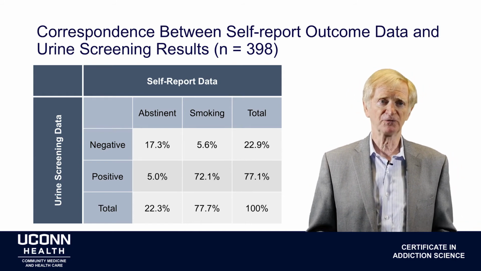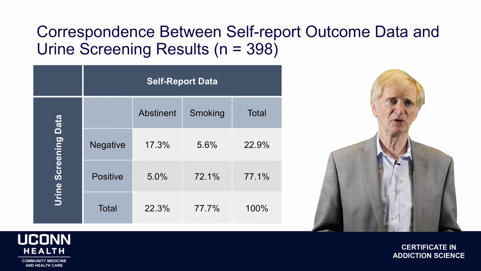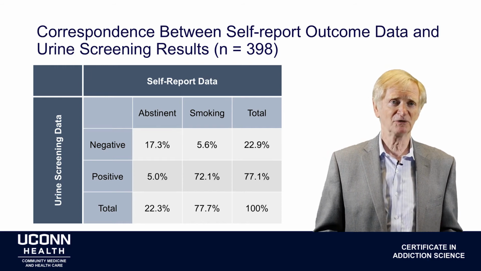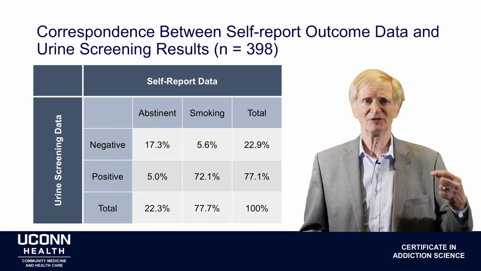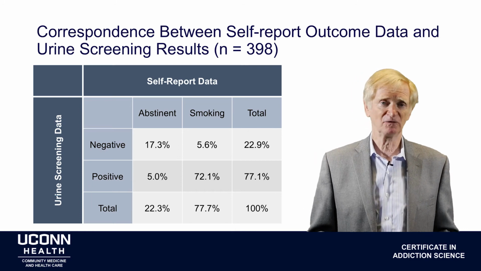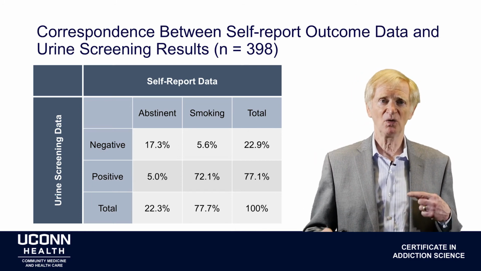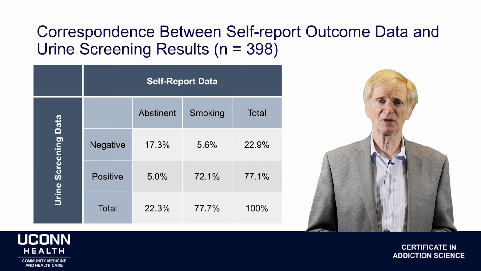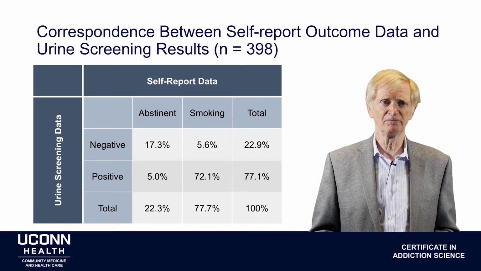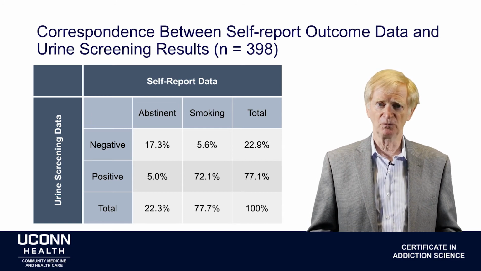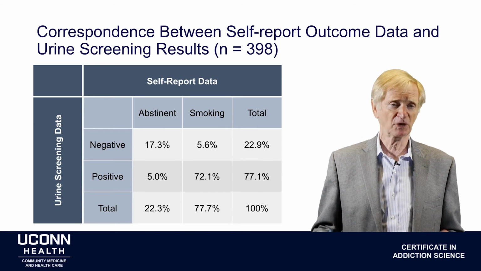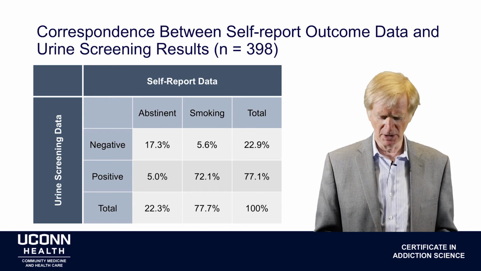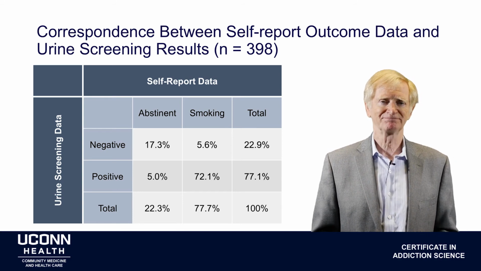But we also found that 5% who were positive on the urine screen said they were abstinent. So they could have been lying. So about 10% of the urine screen results were inaccurate. But the good thing is that the self-report data were corroborated by the urine screen data.